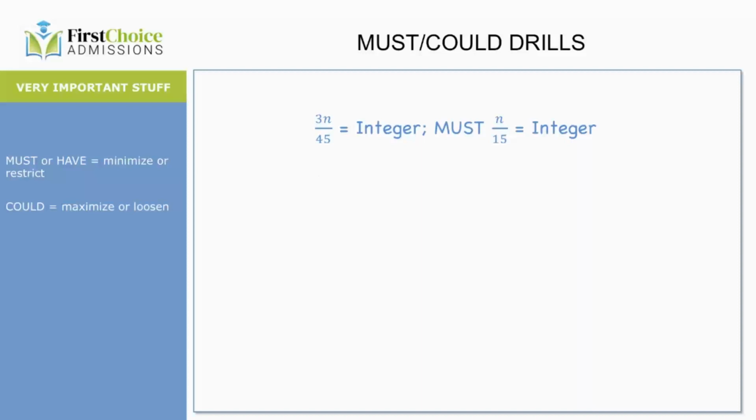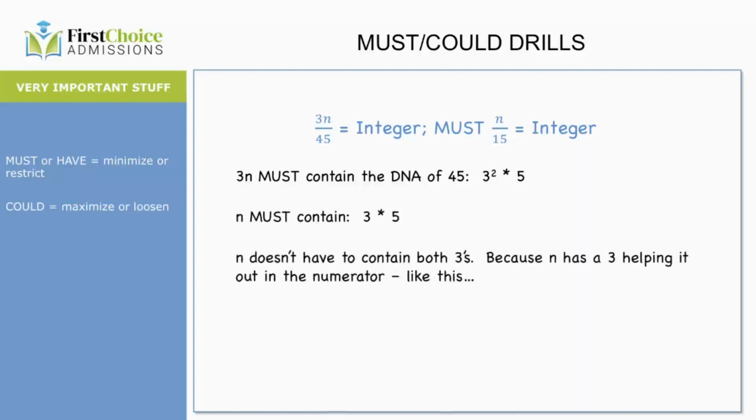Well, let's find out. 3n over 45 equals an integer literally means that 3n must contain the DNA of 45, so we know that 3n contains 3 squared times 5. Now, n alone, though, must contain a 3 and a 5. And why is that? Well, n doesn't have to contain both 3's because n has a 3 helping it out in the numerator like this.